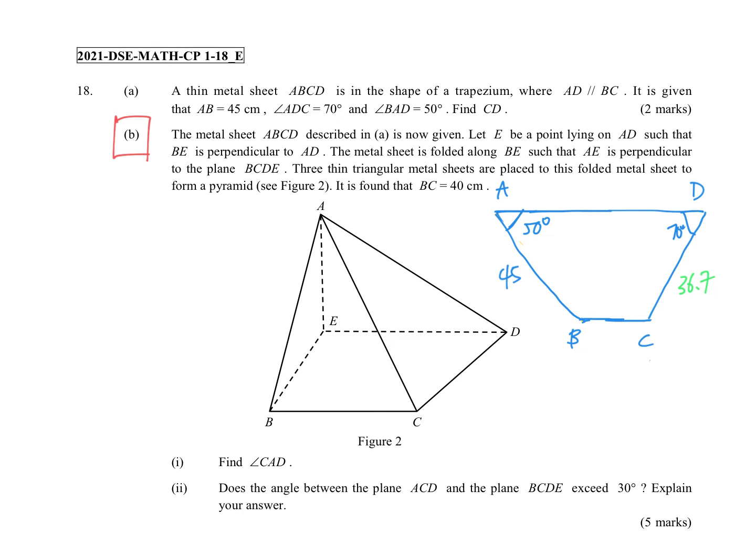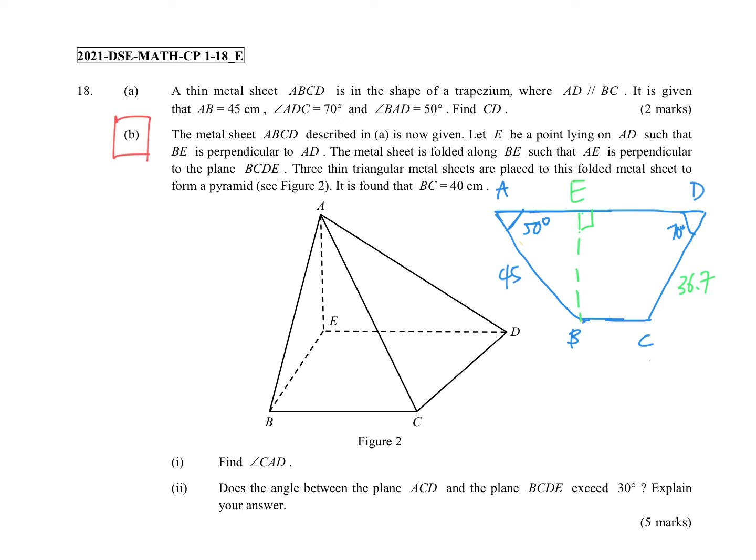And then in part B, from part A we got CD equals 36.7, so that's what I try to put here. And then we have this metal sheet, and let E be a point on AD such that BE is perpendicular to AD. So BE is going to be like this then.